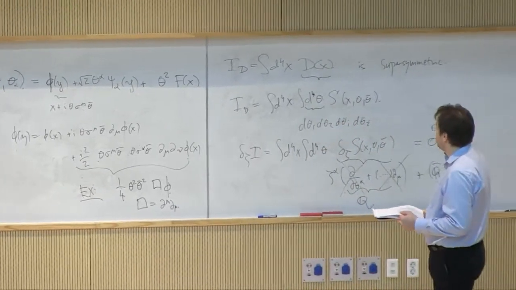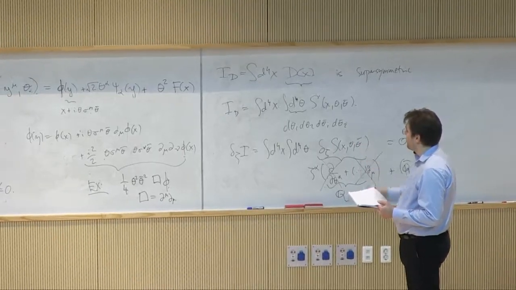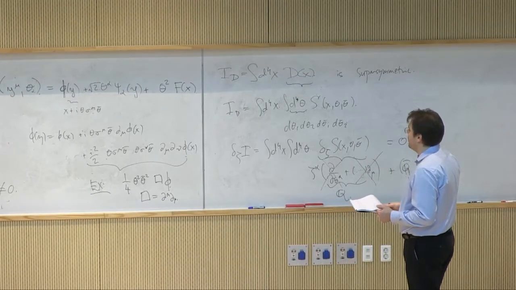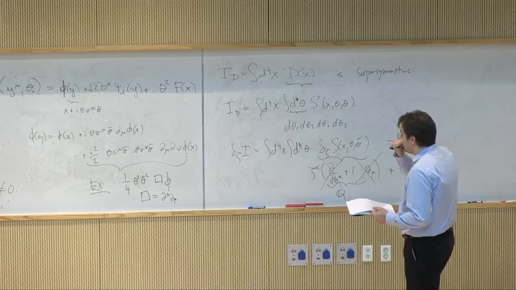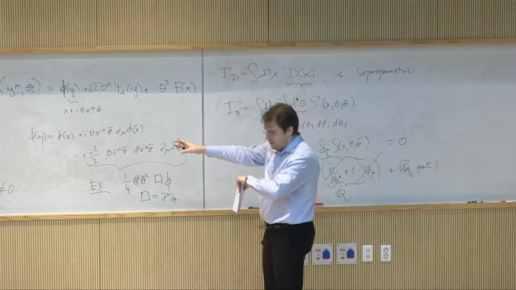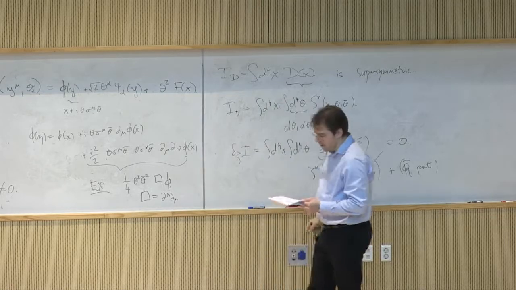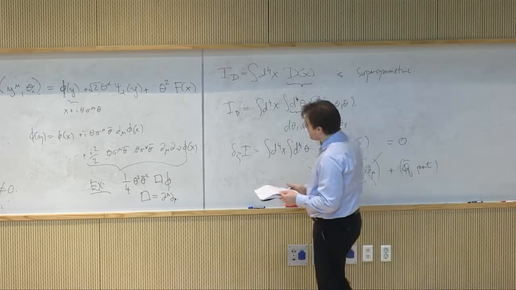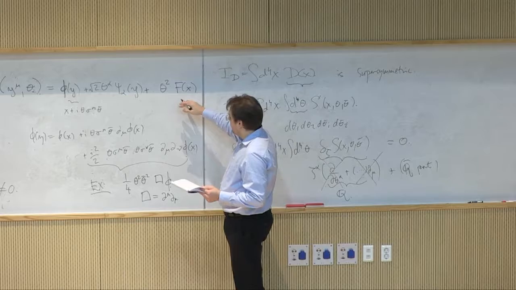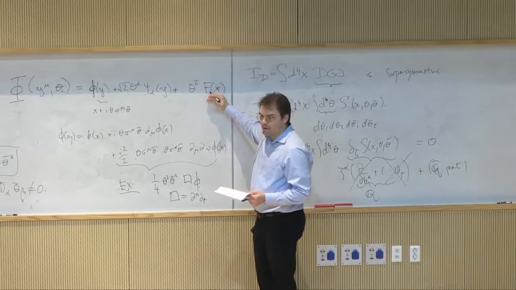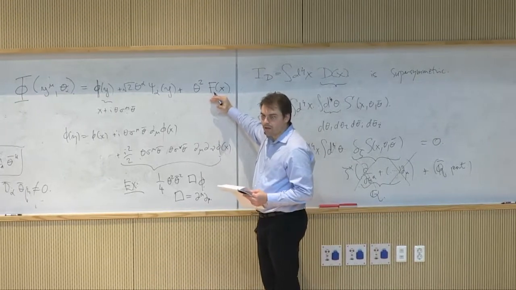Before I start writing down Lagrangians using phi, let me make a quick detour, because the fact that we introduced the chiral superfield will allow us to introduce a second kind of supersymmetric Lagrangian. You see that in some moral sense, this operator f of x is the top component of the chiral superfield.